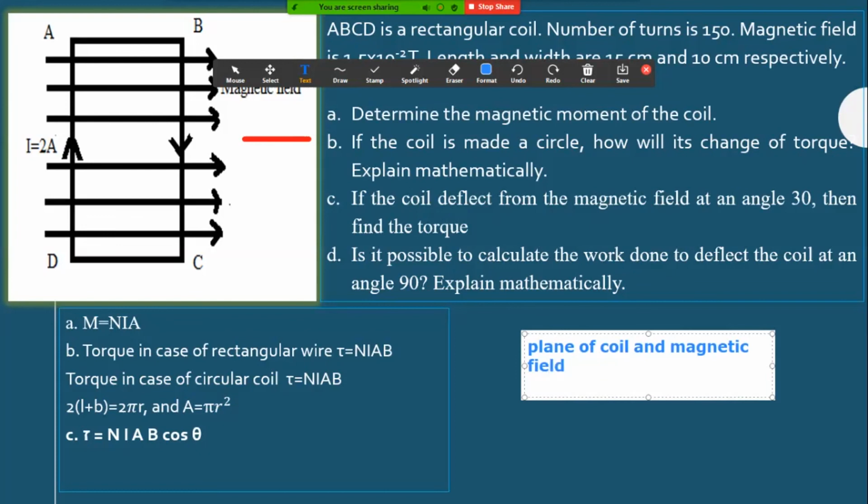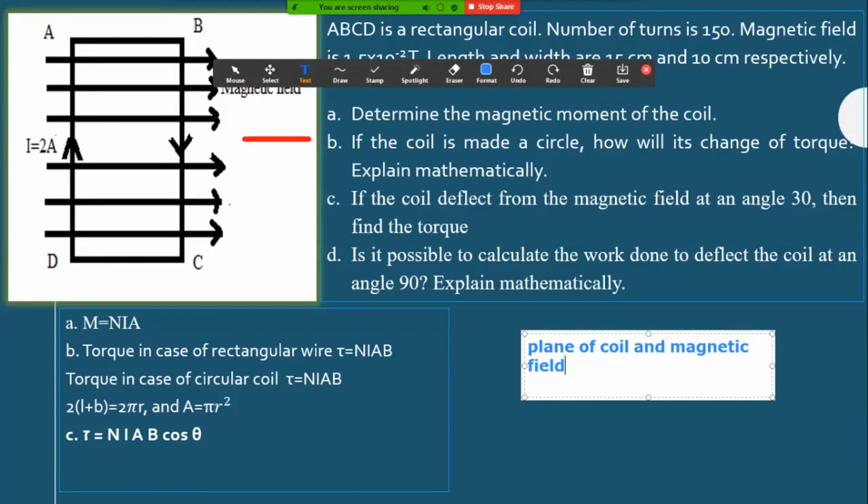Here we are talking about the angle between the magnetic field and the plane of the coil. That's why I have written here NIAB cos theta. Otherwise, I would have to write NIAB sine theta.